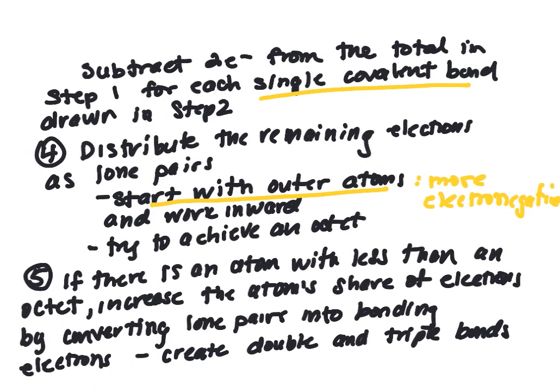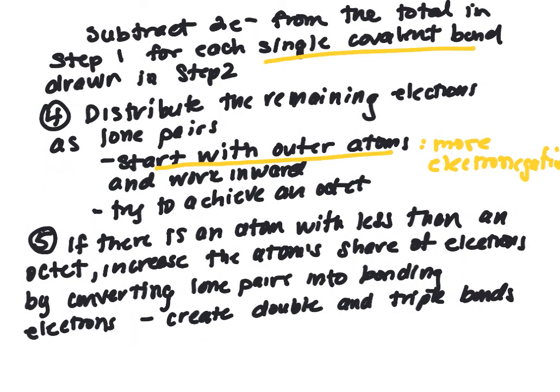You always want to try to achieve an octet. If there is an atom with less than an octet, increase the atom's share of electrons by converting lone pairs into bonding electrons. Here you are going to create double and triple bonds.